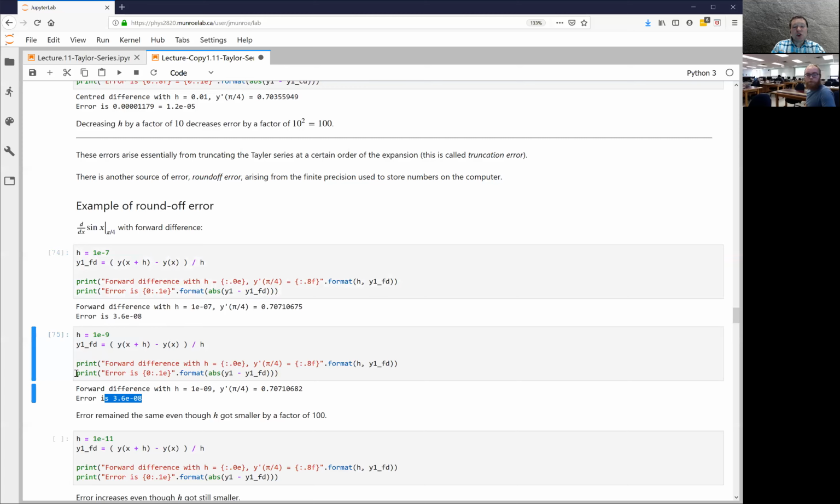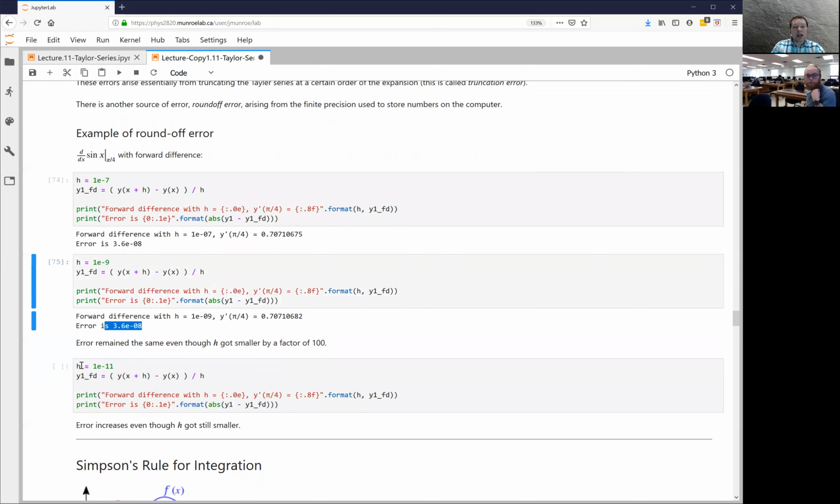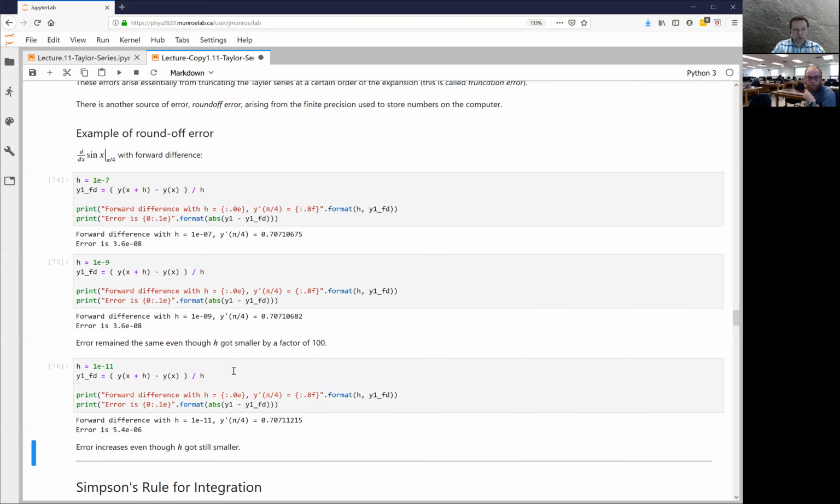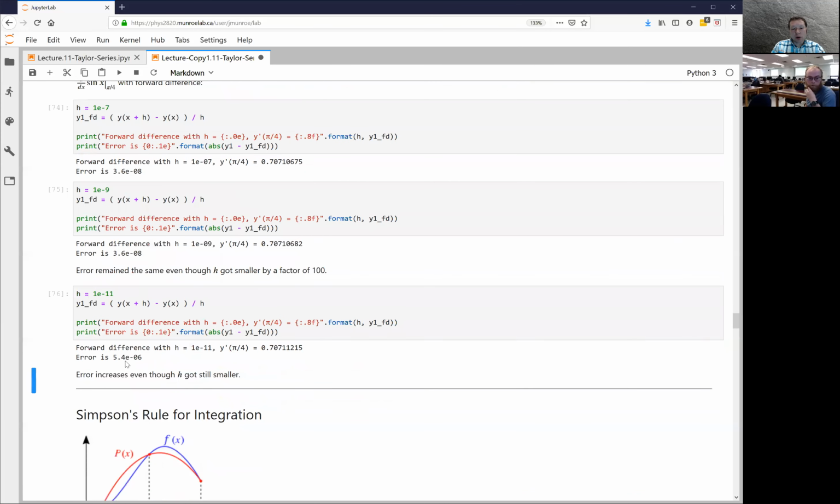In fact, if you go any smaller, to h equals 10 to the minus 11, your error starts to increase again. This kind of error behavior is not truncation error, but it's due to round-off error. This is why we need more advanced methods to integrate things and solve things.